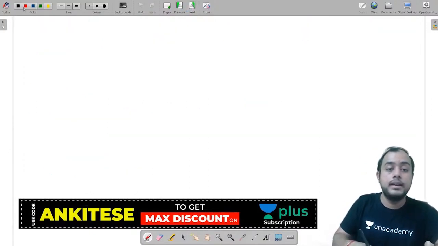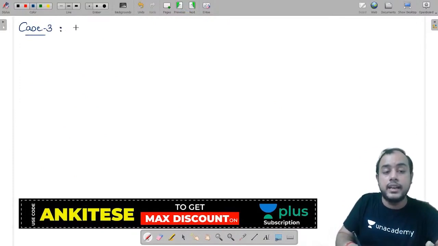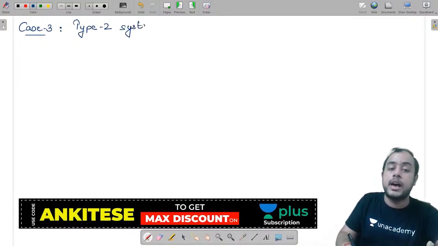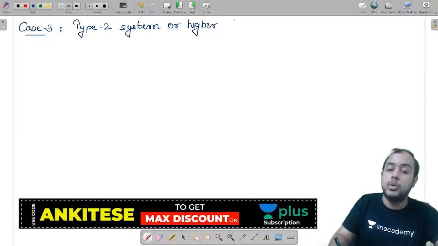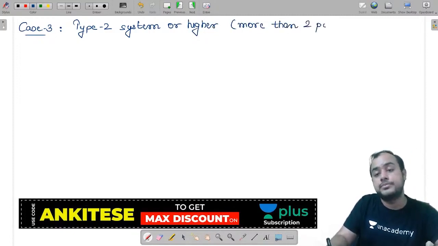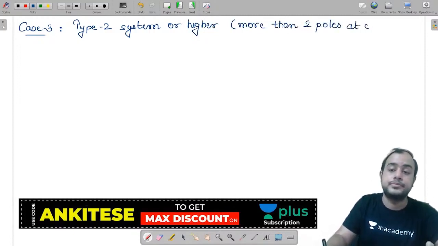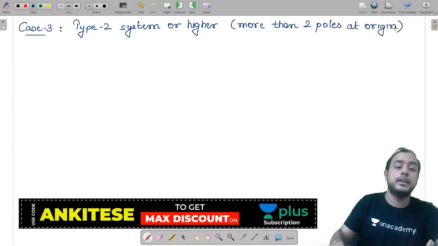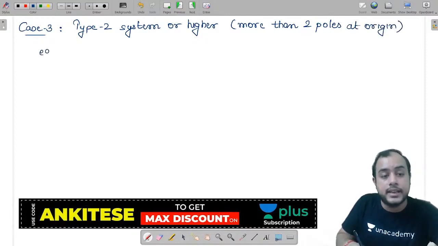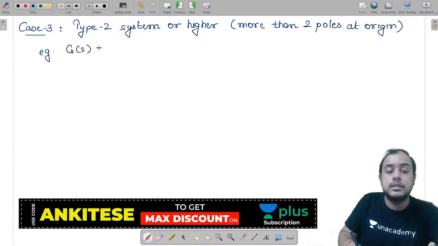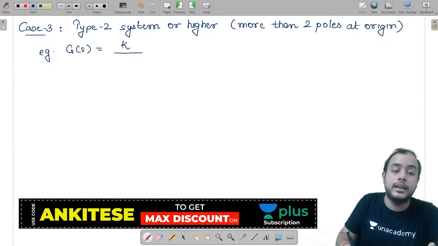The next case, everybody. I take a type 2 system or higher. Type 2 or higher means 2 or more poles at origin. Let me take an example. Suppose G(s) is K by s square, this is type 2.